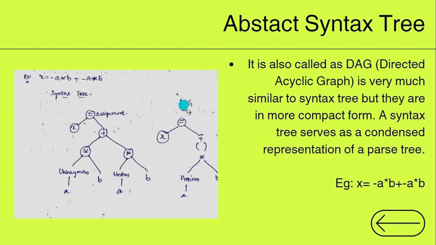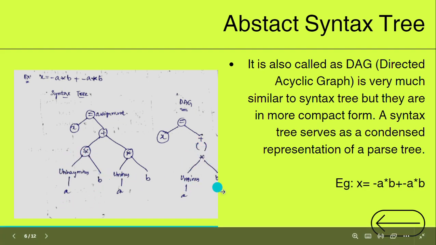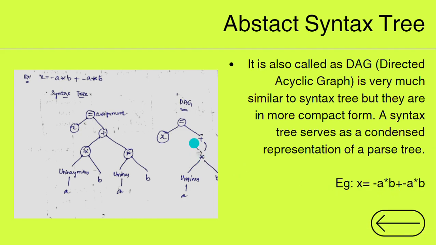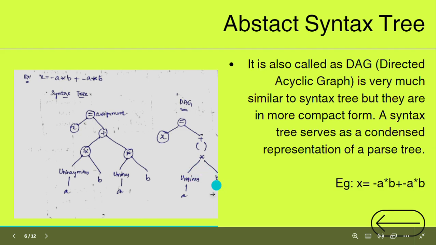Now the DAG is x is equal to plus, where plus is taking only one part, because we have the same operands. So by considering this, we have minus a into b in one form.